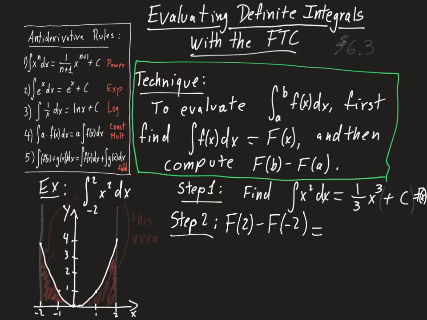And if you do this, you're going to see you're going to get 1/3 of 2 cubed plus c minus 1/3, mind the parentheses here, these matter, of negative 2 cubed plus c. And the first thing that you'll see is that these c's cancel out. So they go away right away.